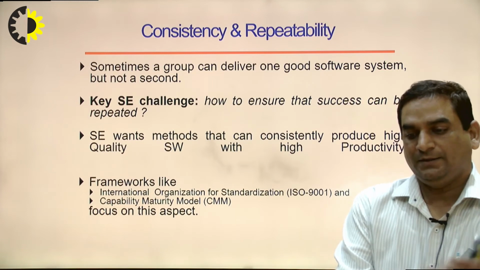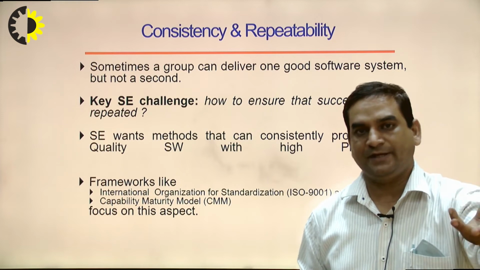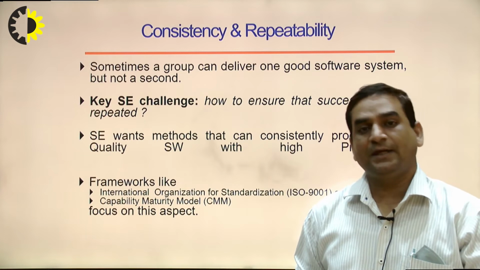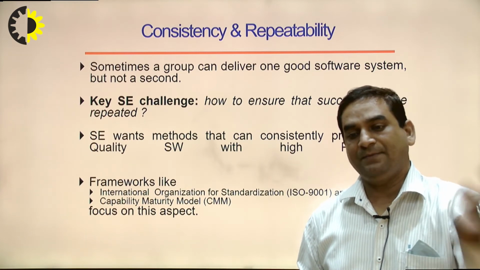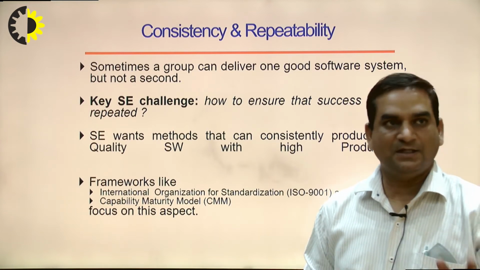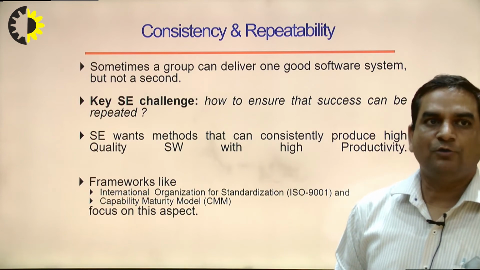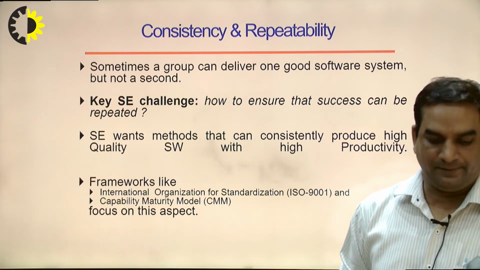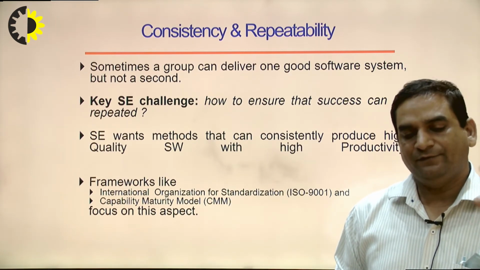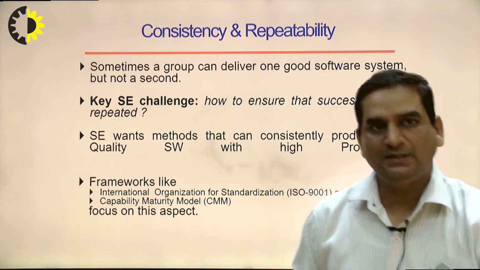It may be the scenario that one team developing a particular type of software may not be capable of developing another type. So the key software engineering challenge is how to ensure that success can be repeated. If today we develop a successful software, then tomorrow we should be able to repeat this.